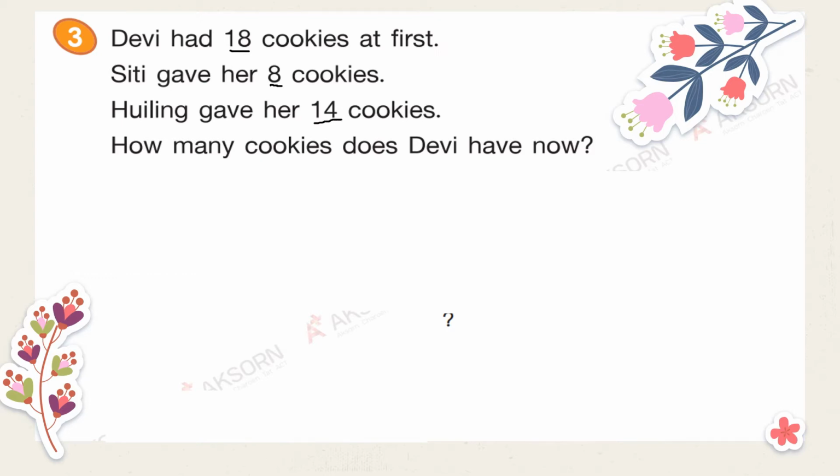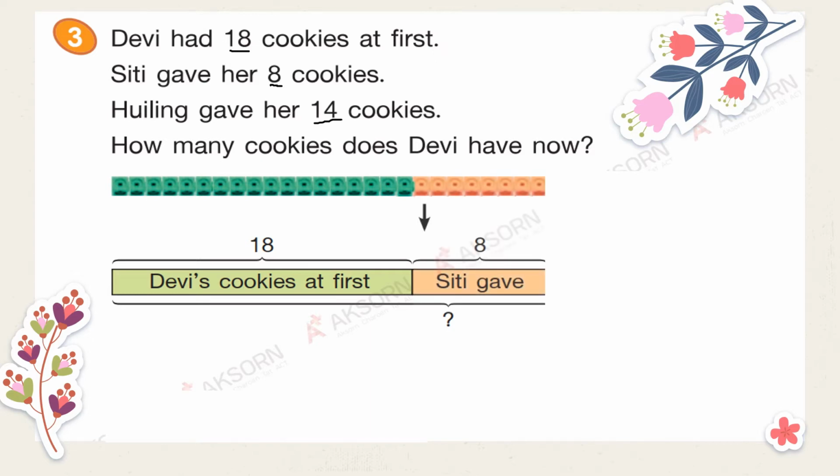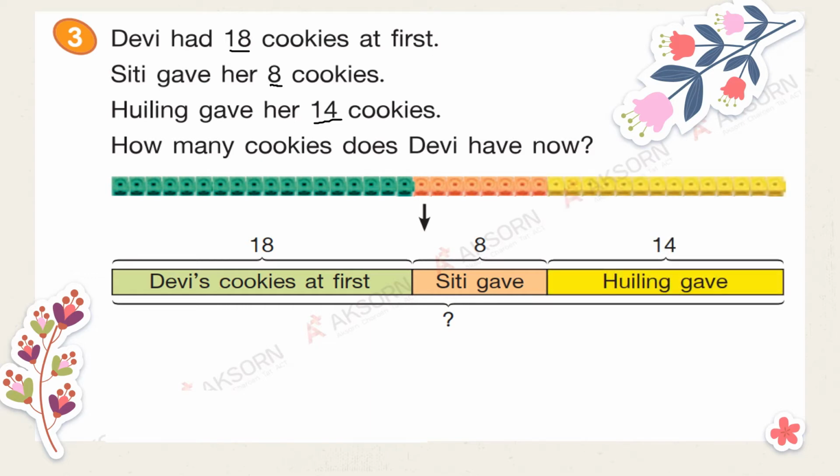How many cookies does Danny have now? So Titi gave 8, while Quilling gave 14. So this one is the representation of Danny's cookies at first. We have 18, and Titi gave 8, and Quilling gave 14. So how many cookies does Danny have now?